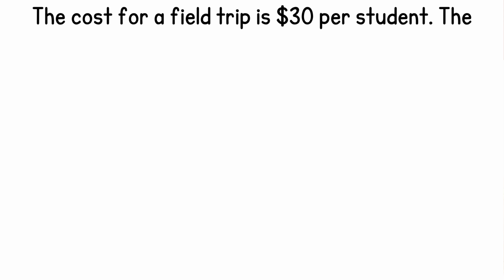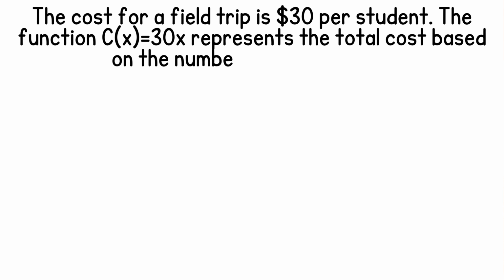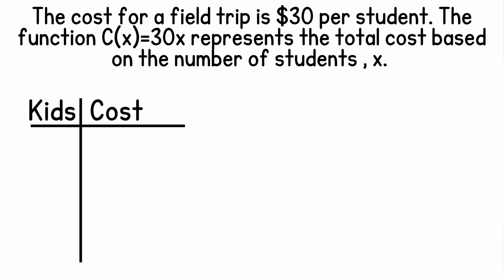This example says the cost for a field trip is $30 per student. The function C of x equals 30x represents the total cost based on the number of students, x. We'll make our table again where kids represent the domain and the cost represents the range. If 0 kids go, then it will cost $0.